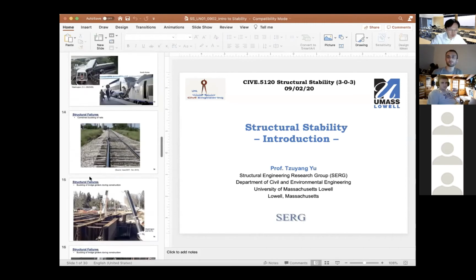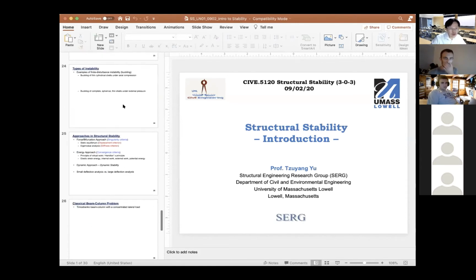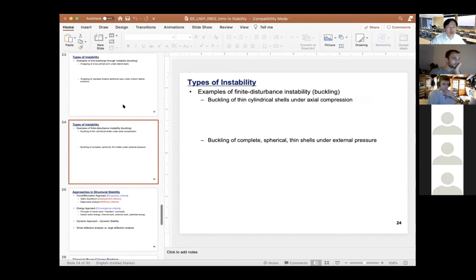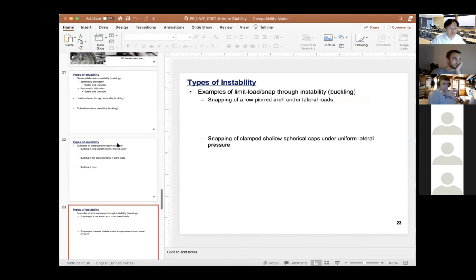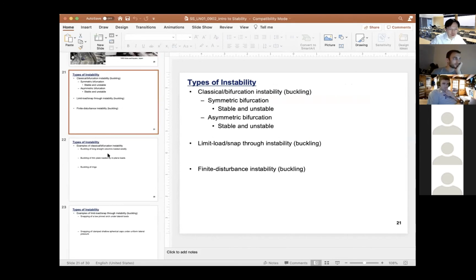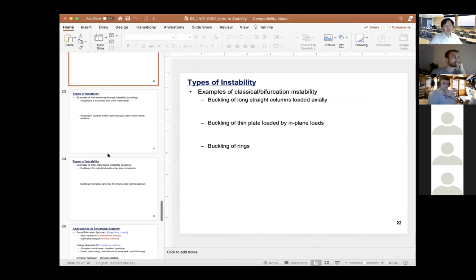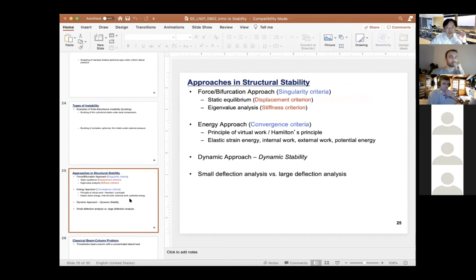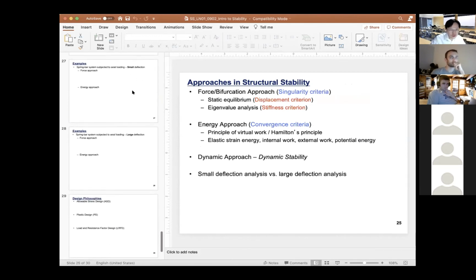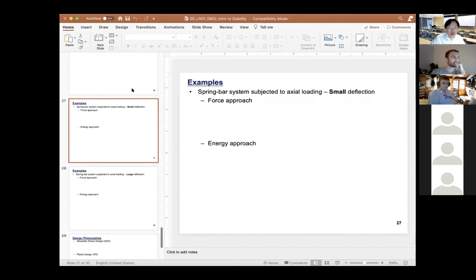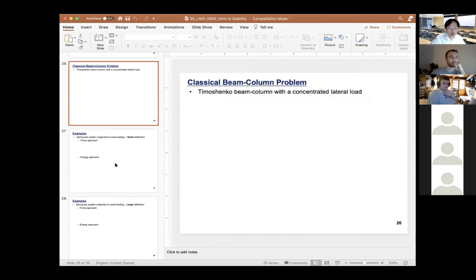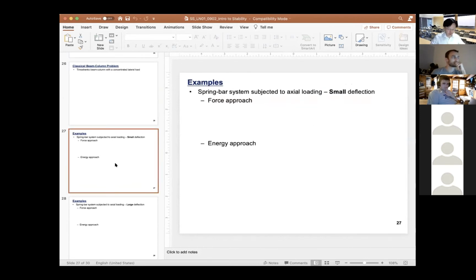Okay, so we talk about this and we talk about that, and this example like this. And we talk about approaches. Now we finished this one and we're going to continue with the next example, this example 3.